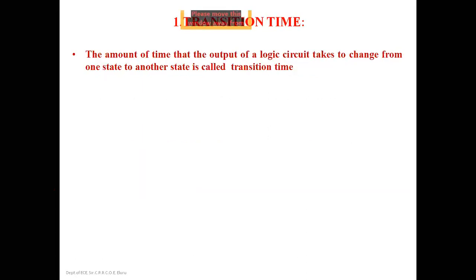So now, what is a transition time? The amount of time that the output of a logic circuit takes to change from one state to another state is called the transition time. Or it is the time required for the output of a logic circuit to change from one state to another state.